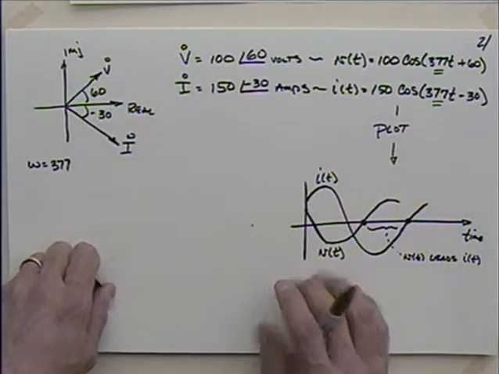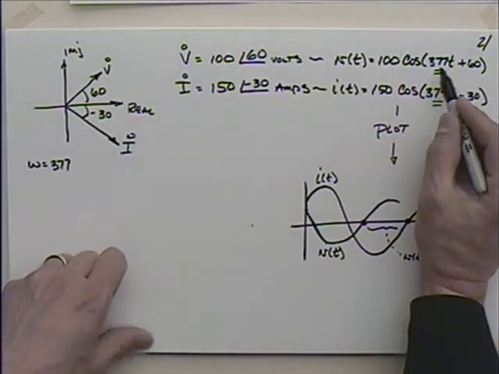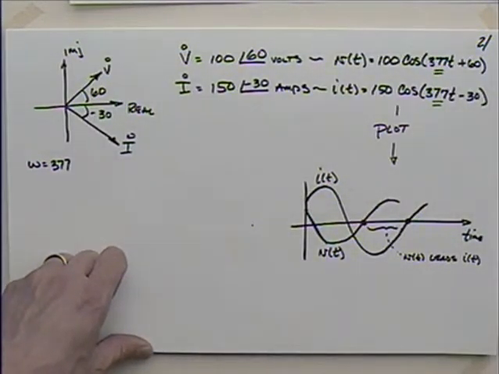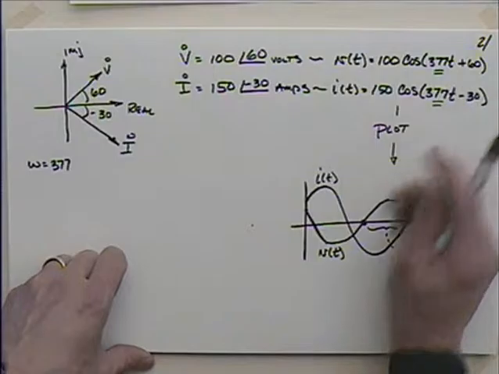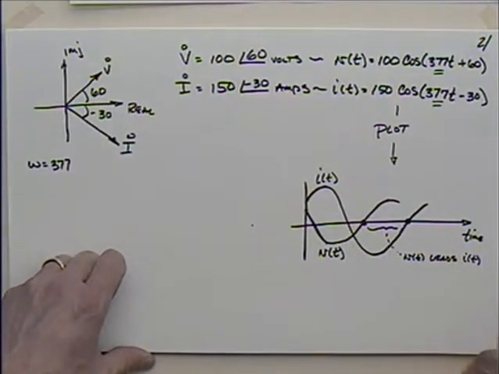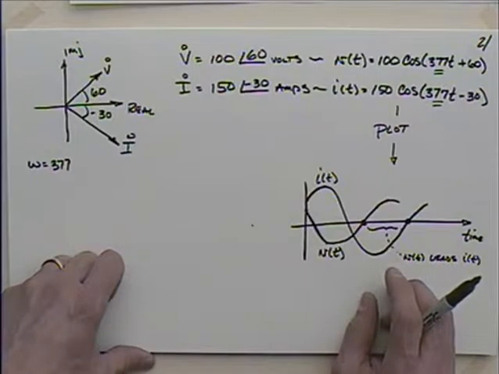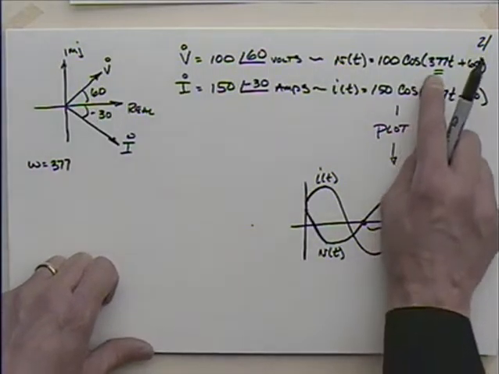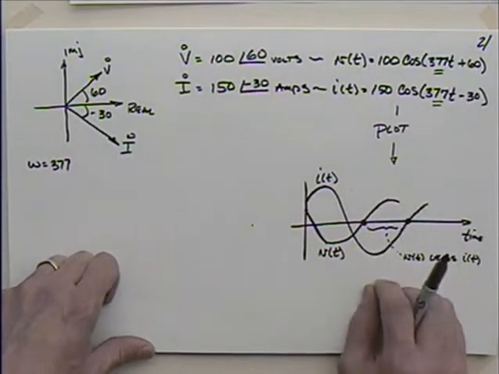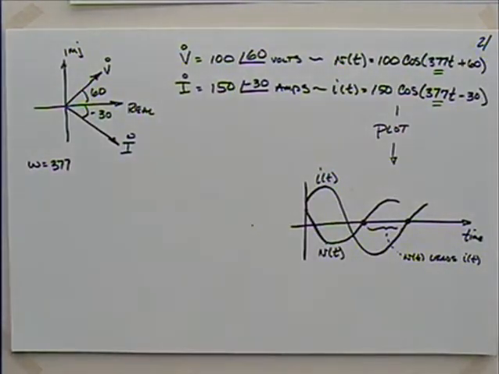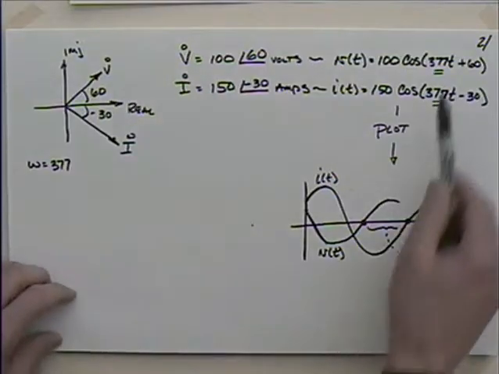For instance, in this room right here we're running at 60 cycles, which is 377. You go to parts of Japan, they're going to run 50 cycles, so they're running some other number a little less than 377. But if you're looking at voltage and current, they would have to be the same. People got hung up in lab yesterday. They kept wanting to use 377.